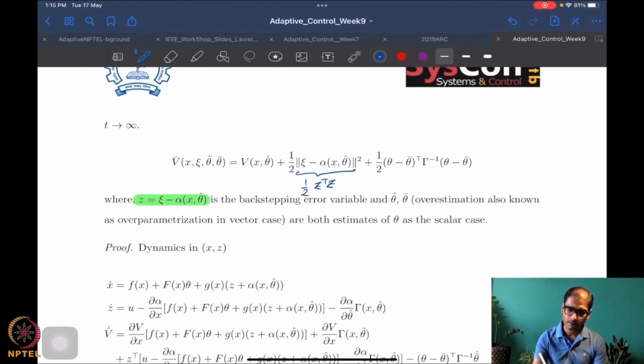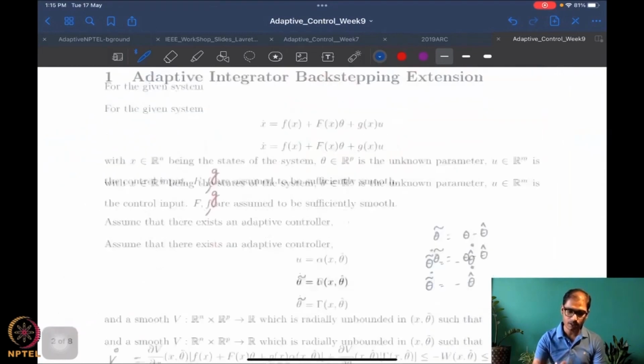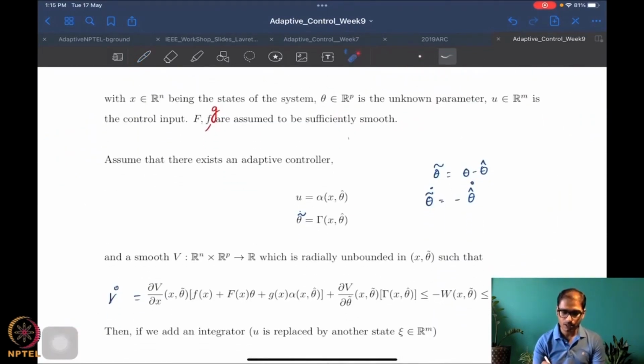This is, let me call it, an S inverse. So S is some constant positive definite matrix. So this is not the same as that gamma. That gamma is the update law for the parameter theta hat.